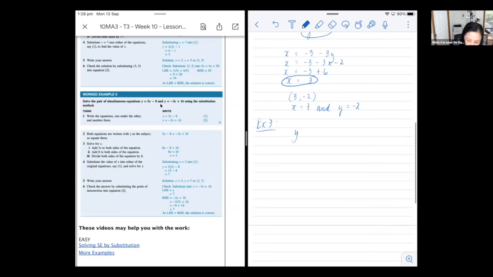So you'd have y equals 5x minus 8, y equals -3x plus 16, right? Why do they get confused? It's because both equations 1 and 2 look like you can substitute this expression to that, or that you can substitute this expression to this, right?